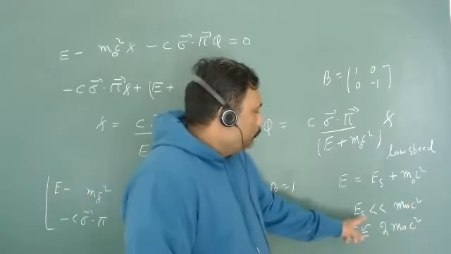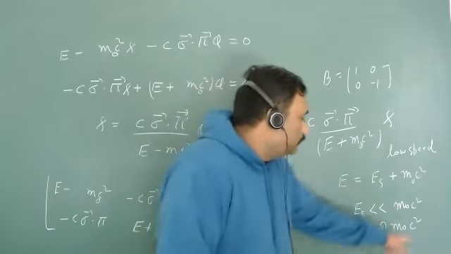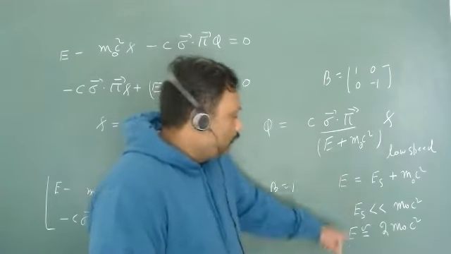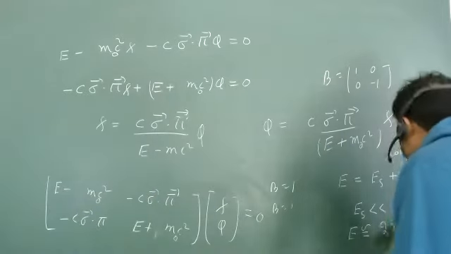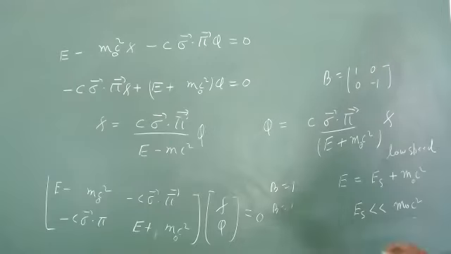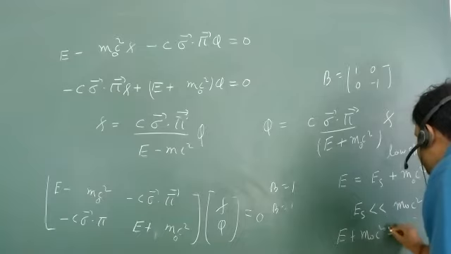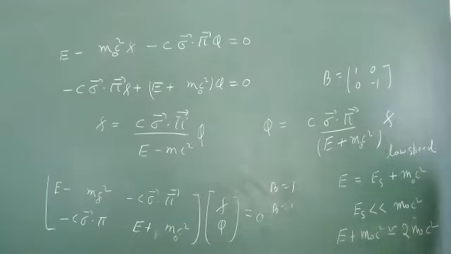So we can write E plus m naught c square is equal to 2 times m naught c square. Can we write this? Yes, sir. So this is one assumption that we are working with for the low speed.